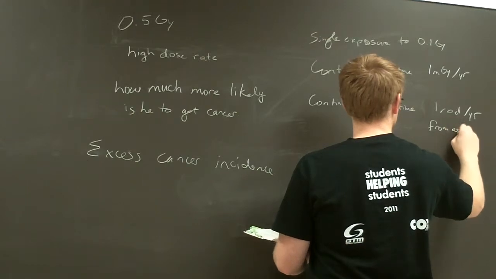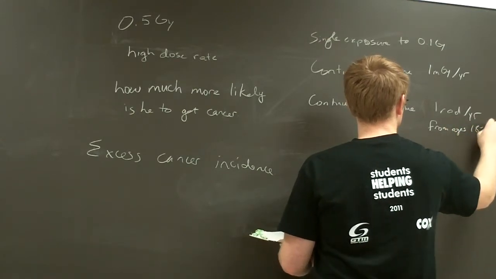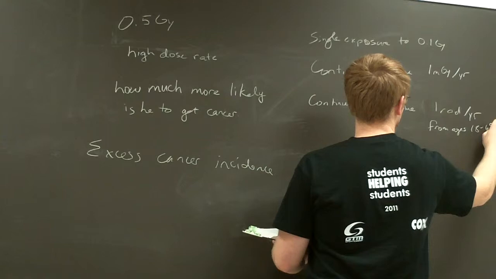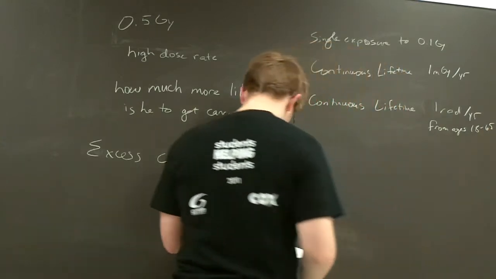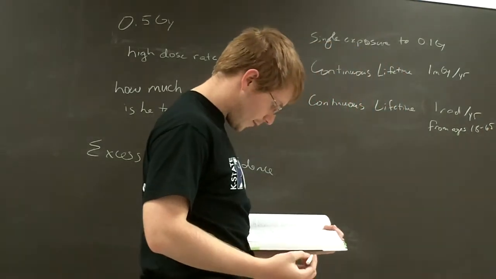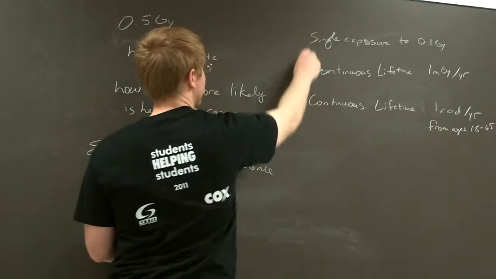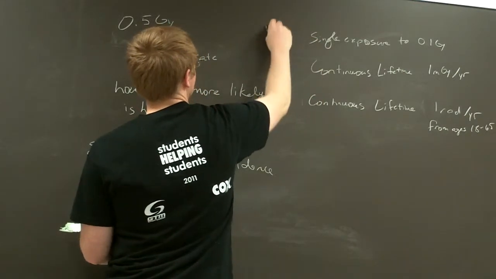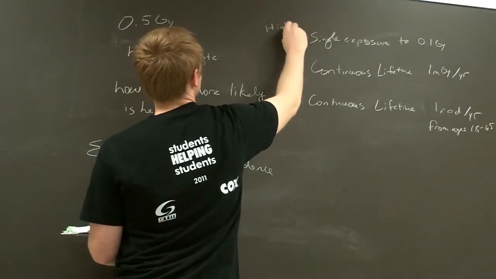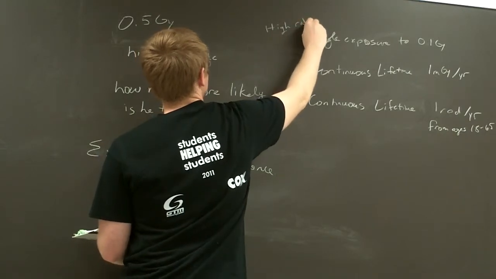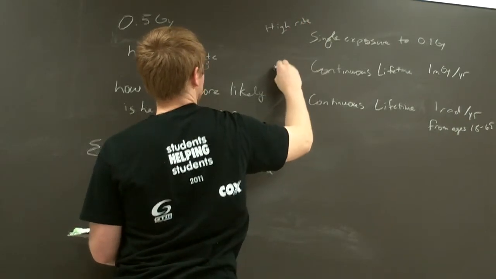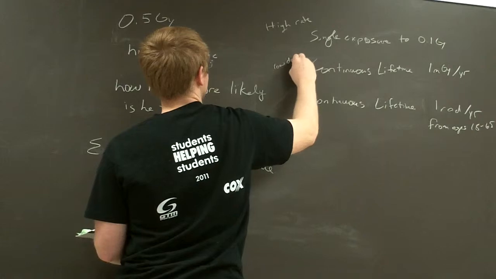From ages 18 to 65, so like a working life. Big difference between this one and these two. This is a high dose rate, a high rate of exposure. These are low dose rates.